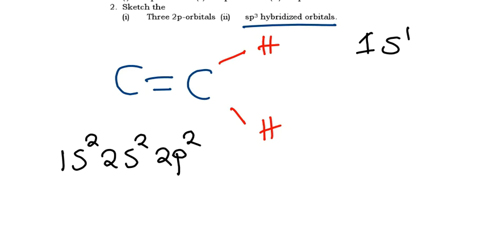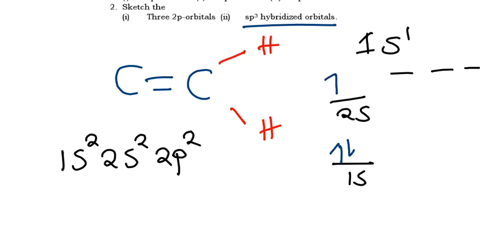So if we're going to draw this as an energy level diagram, it would be like that: 1s, 2s, and then we may have the 2p there, like that. So let me just show fast. So this is the way it's found. Okay, now not 3 on top, just 2.